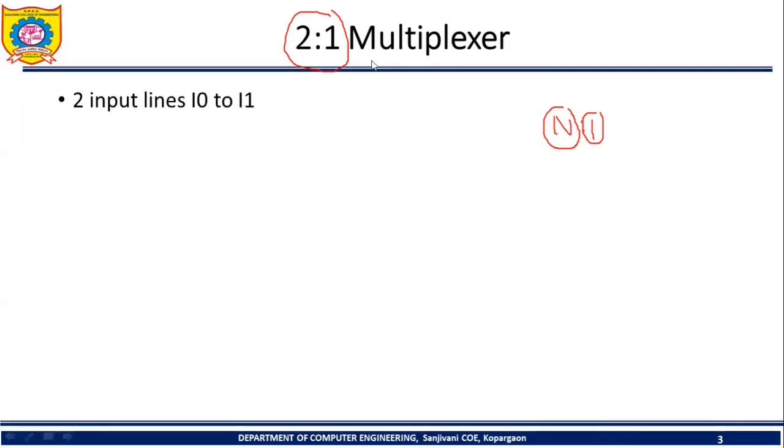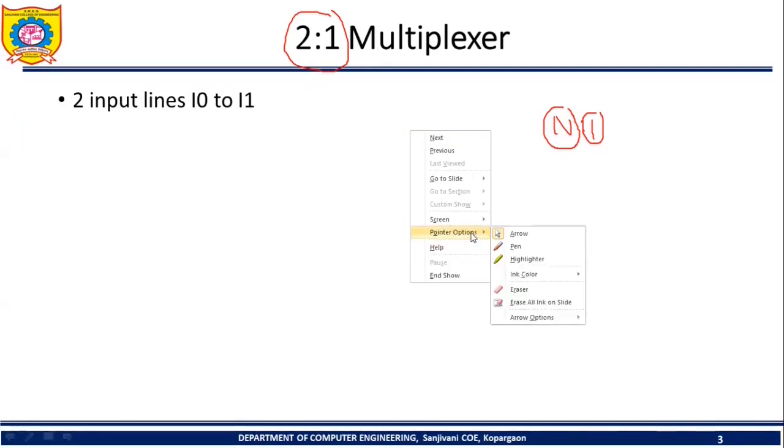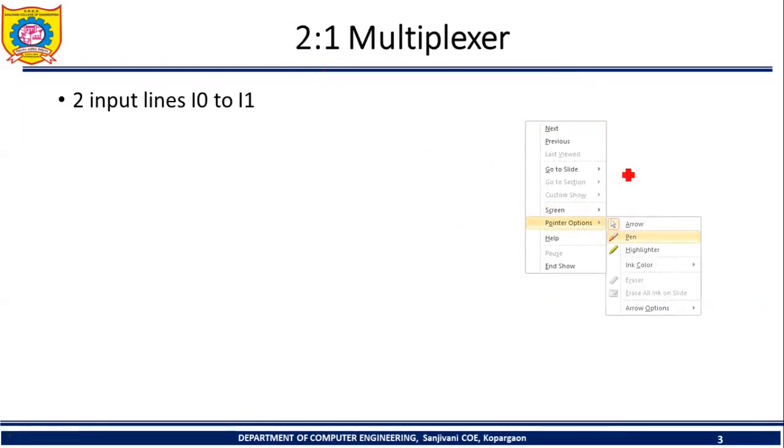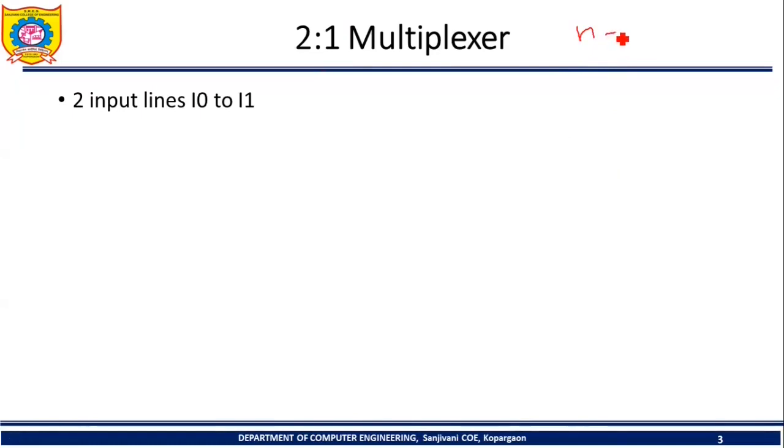In this multiplexer, can you tell me how many selector lines should be present? We have seen that in a multiplexer we have input lines as well as selector lines. So what is my question? How many selector lines should be present? We have seen that there is a relation between the number of input lines and the number of selector lines: n is equal to 2 raised to m, where n is the number of input lines and m is the number of selector lines.